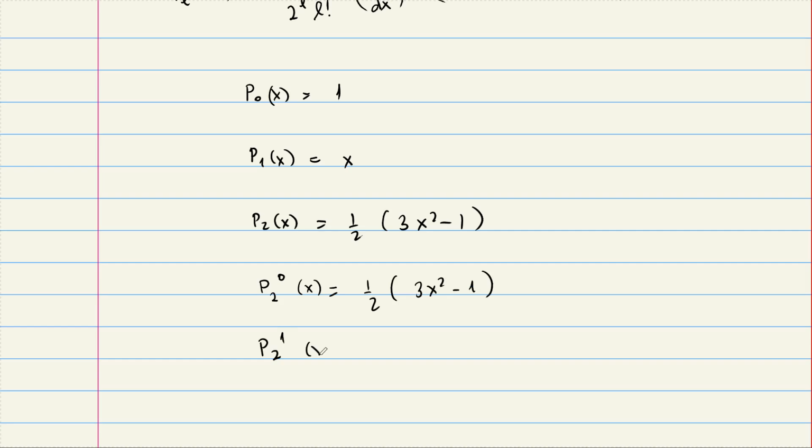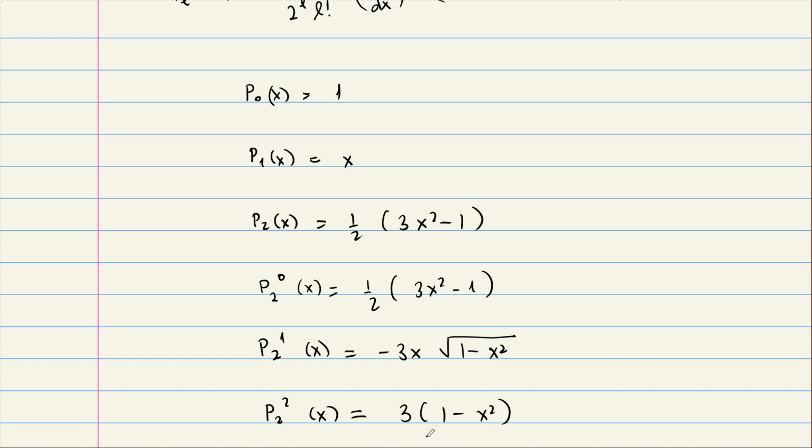P_2^1 of x is equal to minus 3x times the square root of 1 minus x squared. Now you can see P_l^m is actually not a polynomial because there's a square root. And P_2^2 of x is equal to 3 (1 minus x squared).